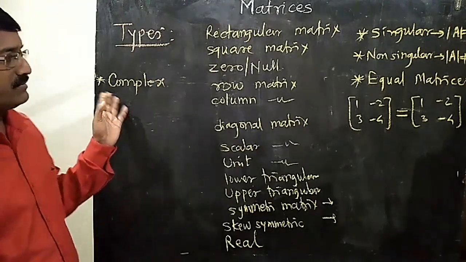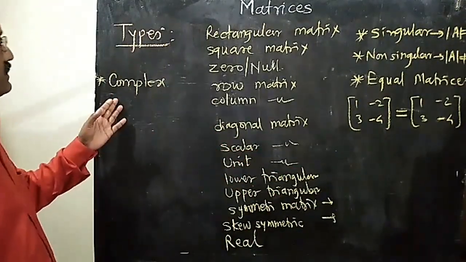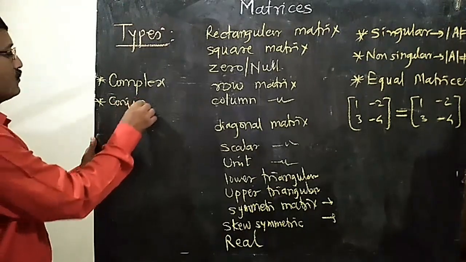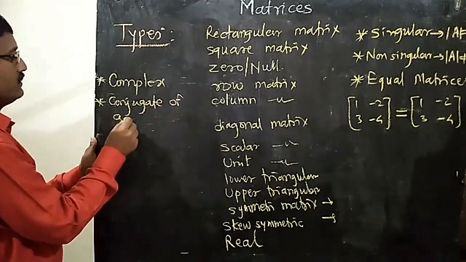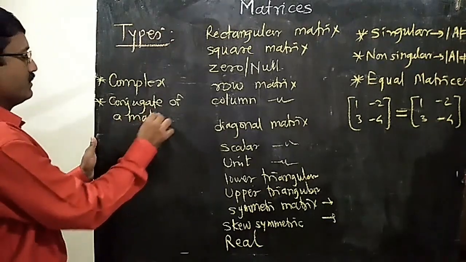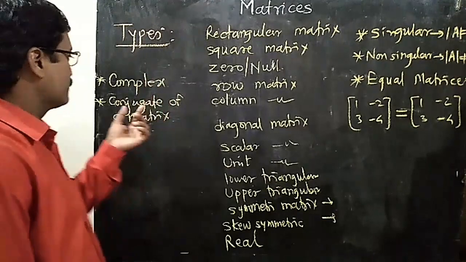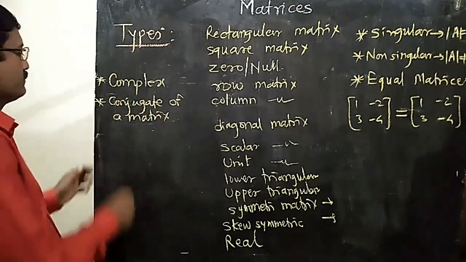Complex matrix means if a matrix contains complex numbers as elements, then that matrix is said to be a complex matrix. Then after that, the conjugate of a matrix. It can be obtained by taking the conjugate elements of a complex matrix. Whenever we learn conjugate, obviously it's a complex matrix.